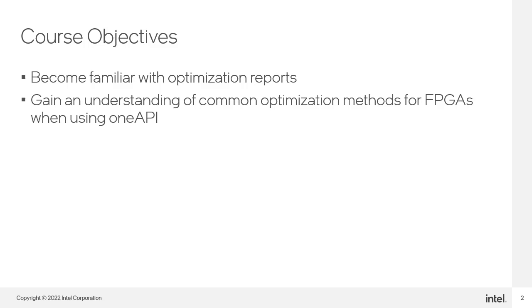At the end of this online training, you will become familiar with optimization reports and how to analyze the information being conveyed about your design in these reports. Also, you will become familiar with and gain an understanding of common optimization methods for FPGAs when using OneAPI.